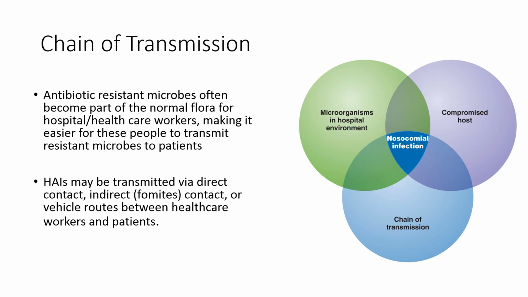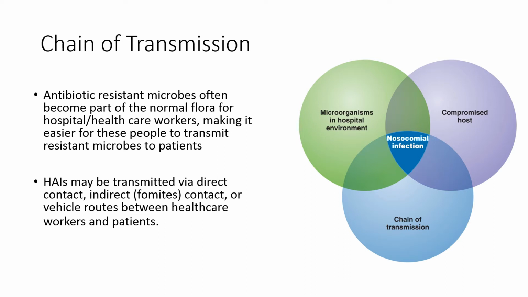Okay. You also have indirect contact. So these HAIs can be transmitted via indirect or fomite contact. Fomites like doorknobs, furniture, wheelchairs, faucets, meal trays, all of them can transmit microbes from one patient to another, or from healthcare personnel to patients.